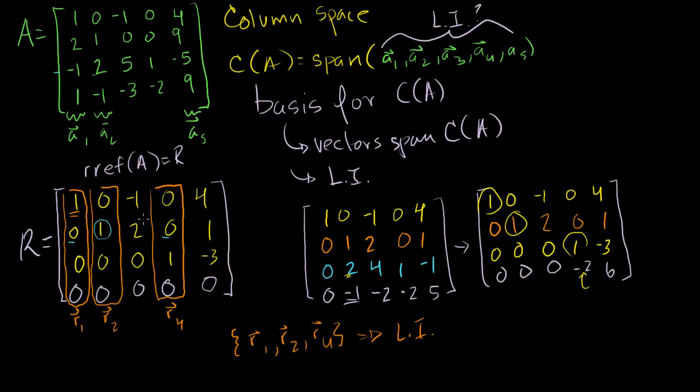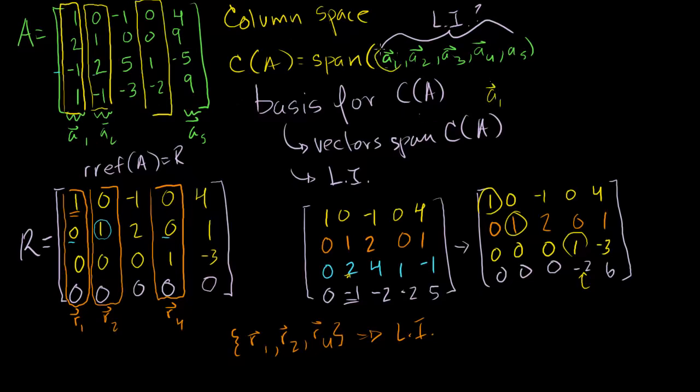Now it turns out, and I haven't proven it to you, that the corresponding columns in A, so this is R1, but at A, before we put it in reduced row echelon form, that A1, A2, and A4 are also linearly independent. So A1, let me circle it, A1, A2, and A4. So if I write it like this, A1, A2, and A4, let me write it in set notation.